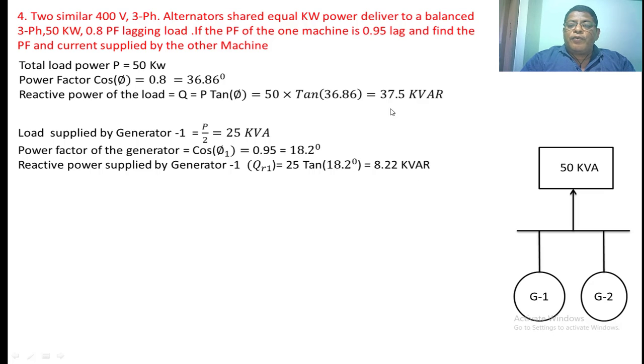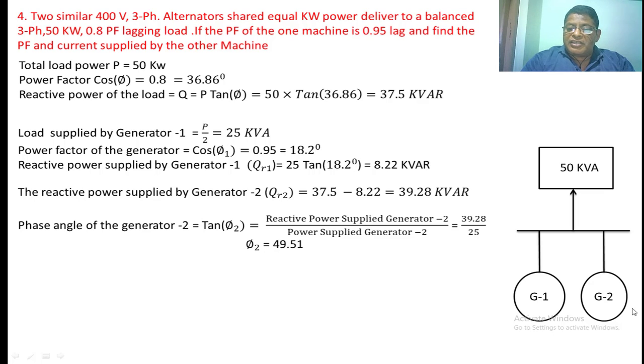The total reactive power is this much, but of this reactive power, generator 1 is supplying 8.22 kVAr. So the remaining reactive power has to be supplied by the second generator. So the reactive power supplied by the second generator equal to 37.5 minus 8.22, which gives 29.28 kVAr.